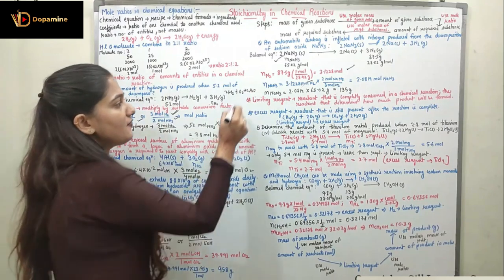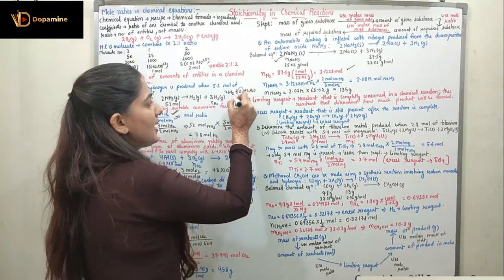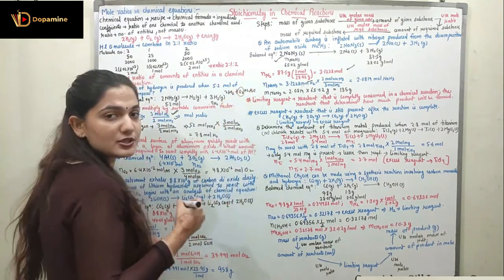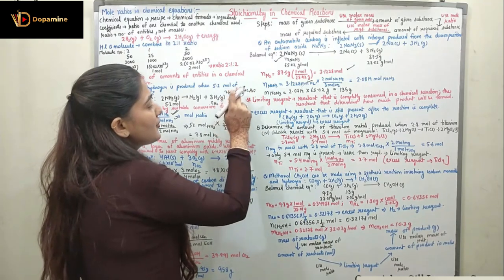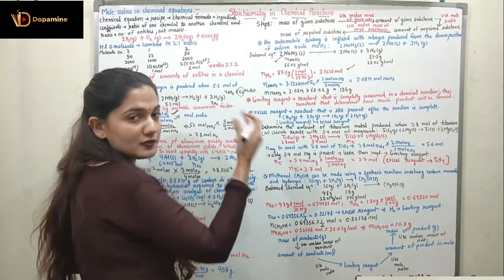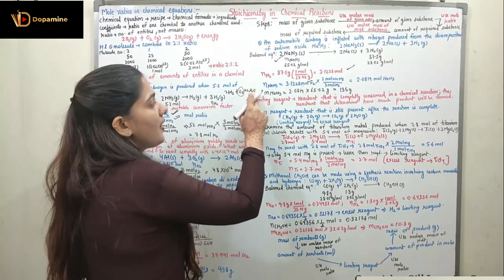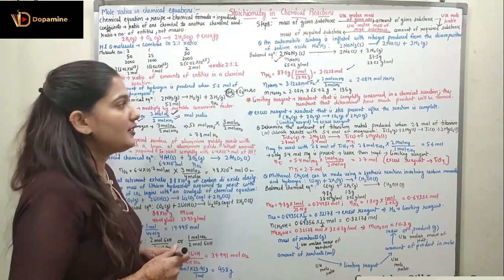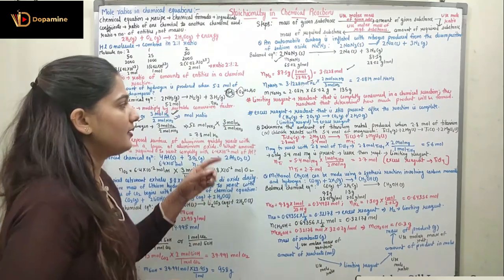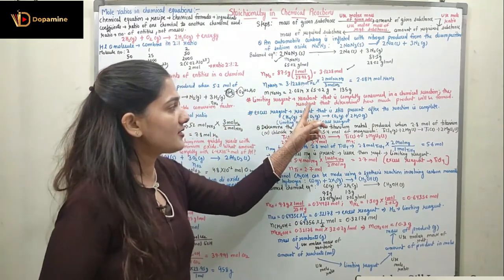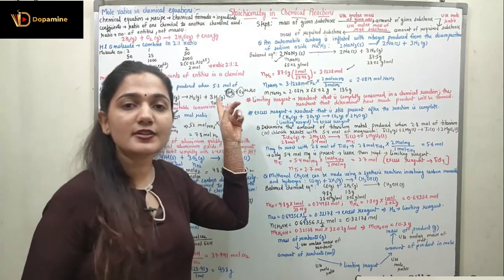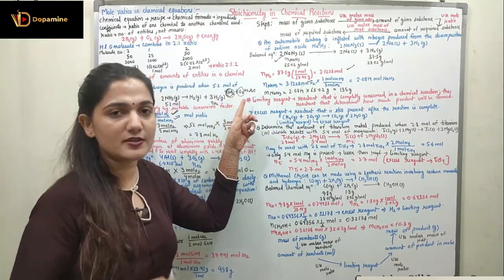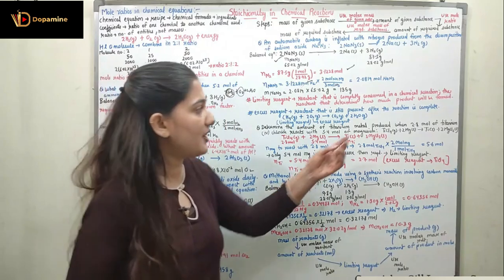Now if the amount of oxygen is very large and the amount of hydrogen is less, all of the hydrogen can react with the oxygen and produce H2O according to the amount of H2 that was present. So H2 over here was the limiting reagent. It is completely consumed, whereas oxygen was left after the reaction.